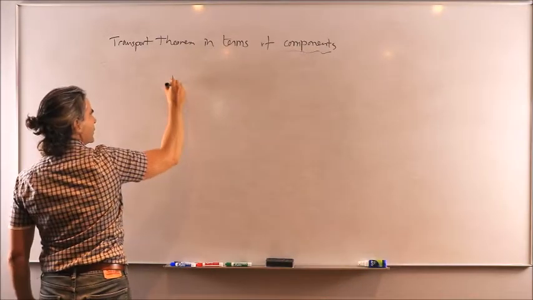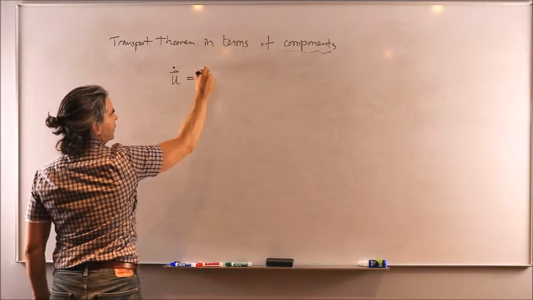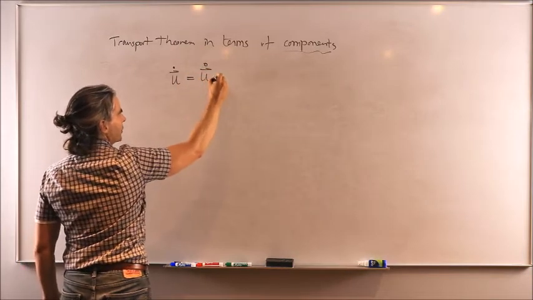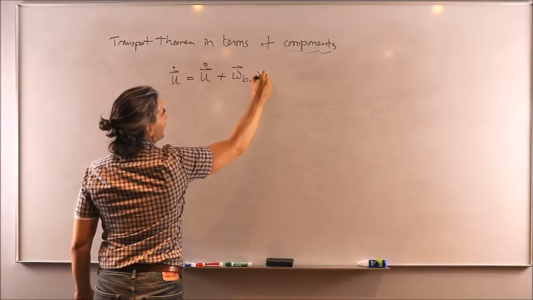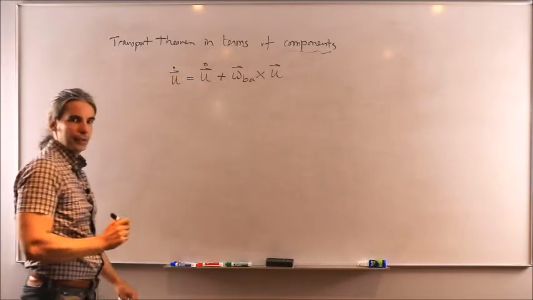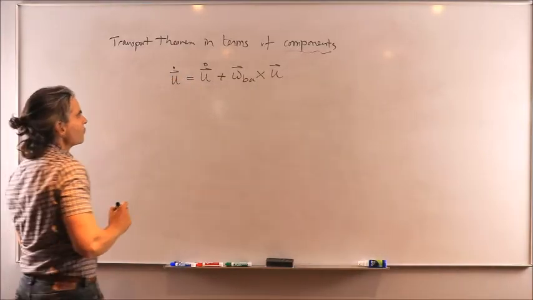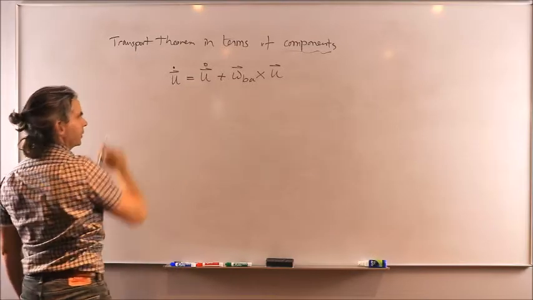So let's start with what we know, the vector form of the transport theorem. Non-inertial derivative plus angular velocity vector cross product with the vector itself will give us the inertial derivative of that vector. Now let's write this down in terms of components.